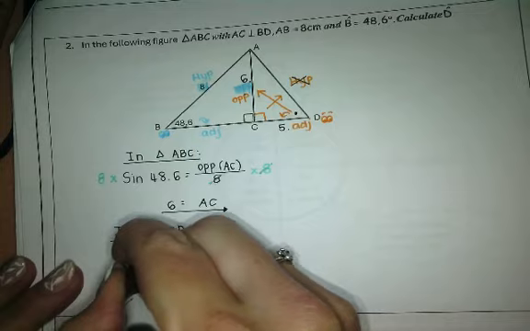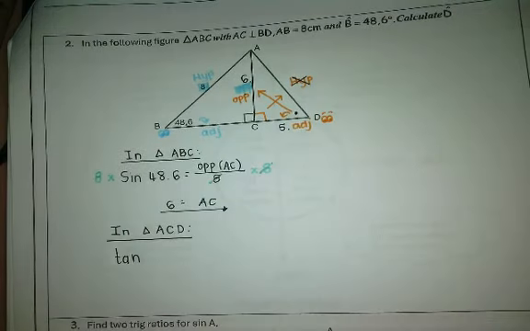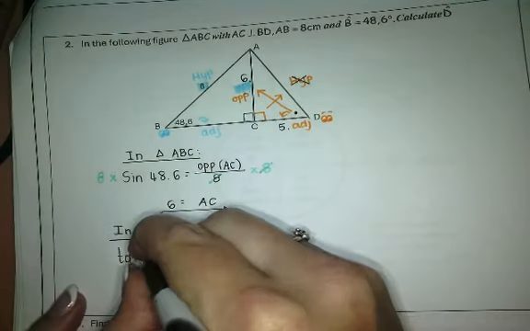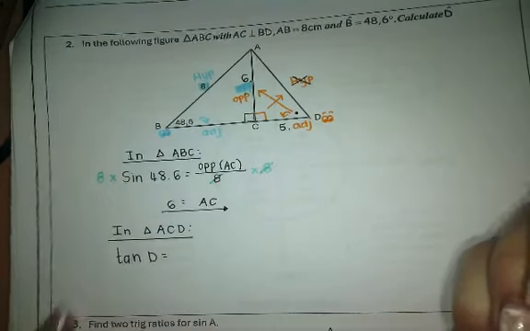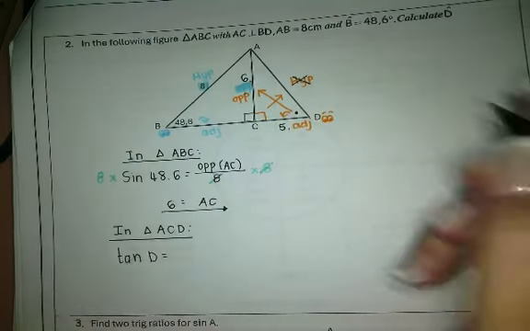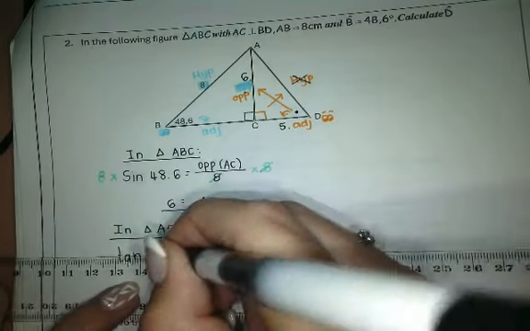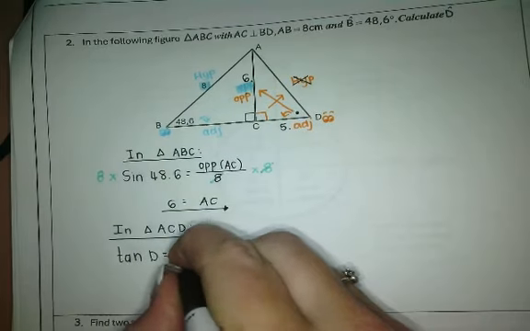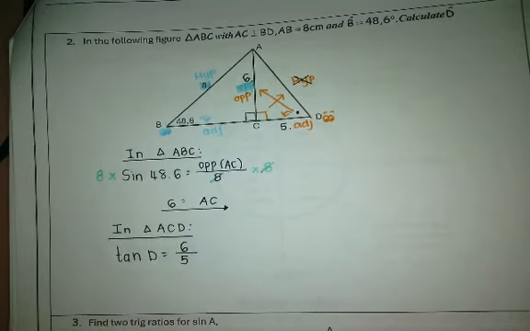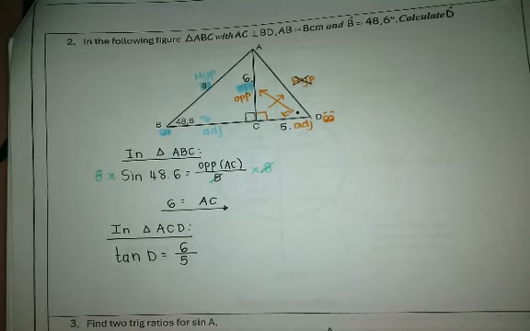So tan, my reference angle I want is D, so together. What is my opposite side? 6. What is my adjacent side? 5. Whenever we are trying to calculate an angle, what did I tell you to do?